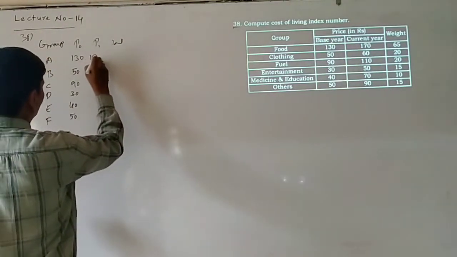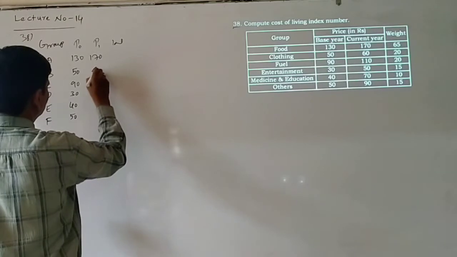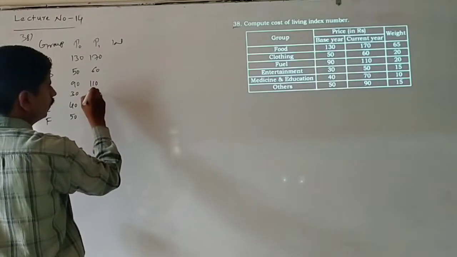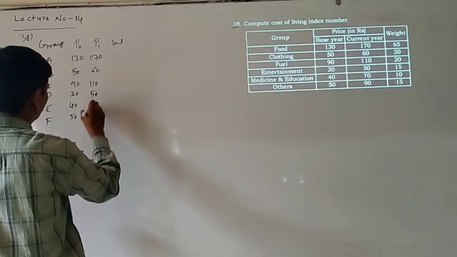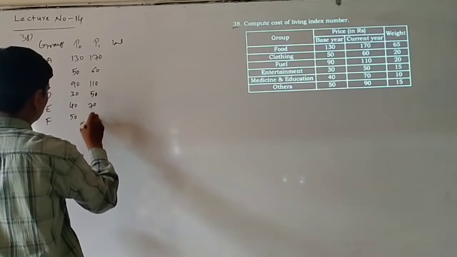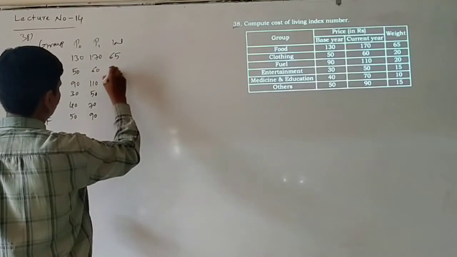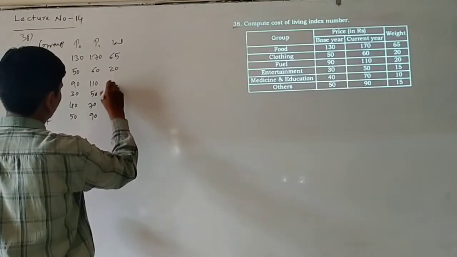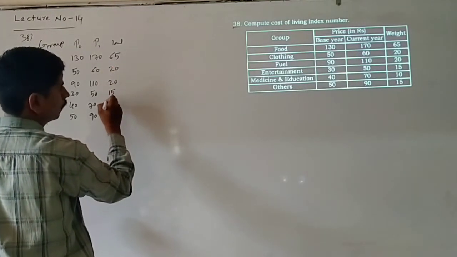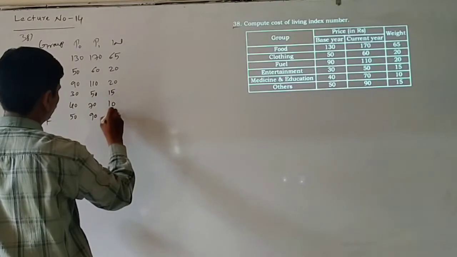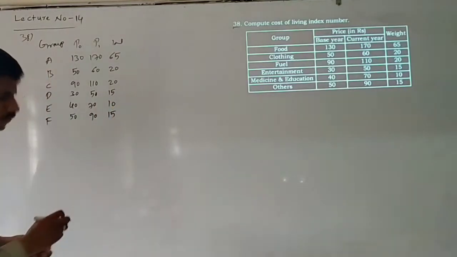P1 values are 170, 60, 110, 50, 70 and 90. W is 65, 20, 20, 15, 10 and 15.